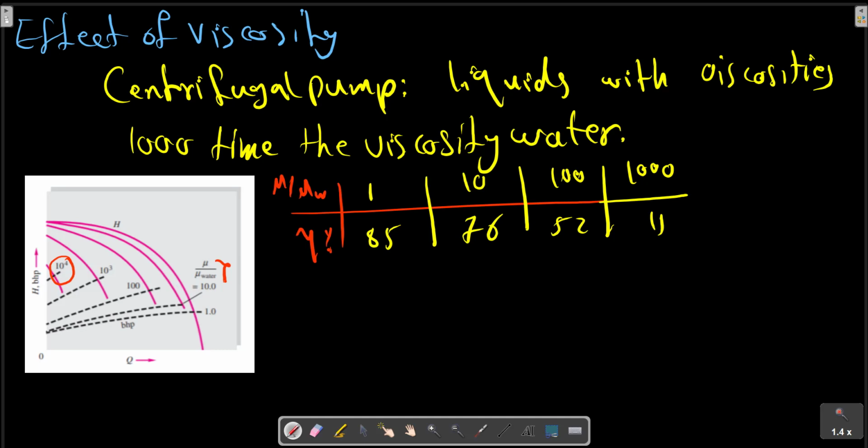The next section is mixed and axial flow pumps, the specific speed and other specifications of mixed and axial flow.